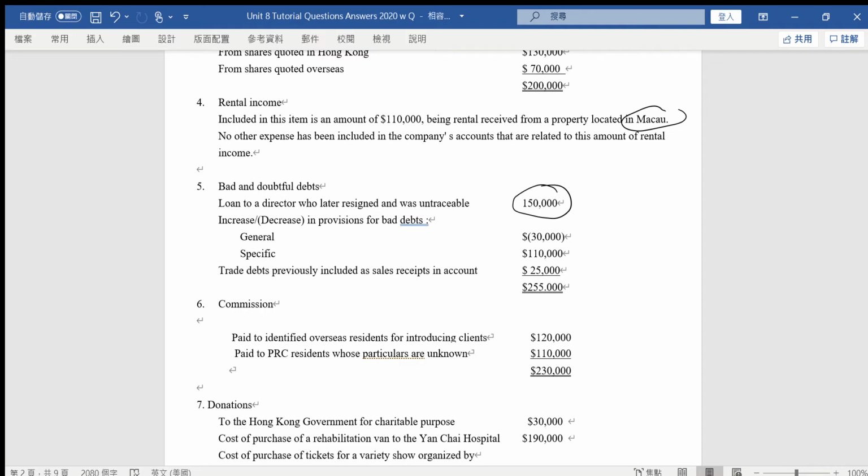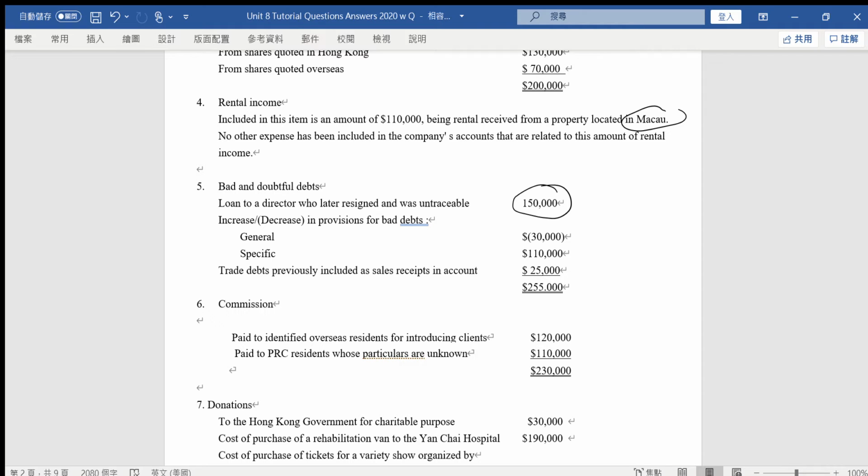So for the general provision for bad debt, this $30,000 should be minus. For the specific one, we need not adjust anything, because it is a specific one, meaning it can be traced to a particular debtor.